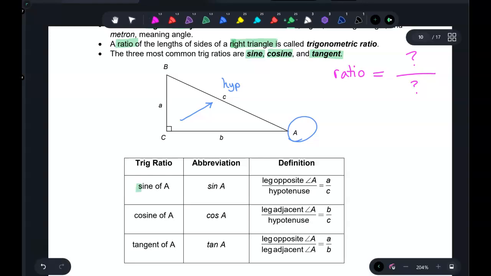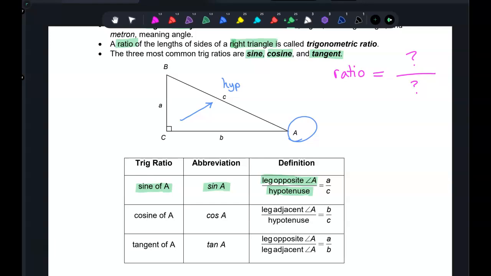So sine of A, here's our abbreviation. So it's going to be the leg opposite angle A over the hypotenuse. So here's our triangle. If you look directly opposite angle A, we're going to use a lowercase a. So you'll notice opposite the capital letter represents the angle.